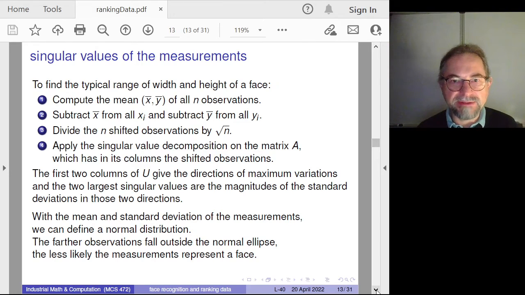The matrix A was P by Q. A transpose is Q by P, so we did A transpose A. And that's actually the covariance matrix. So we do the singular value decomposition on the covariance matrix. Or actually, with this exercise, the columns of U gave the eigenvectors of the matrix A transpose A.